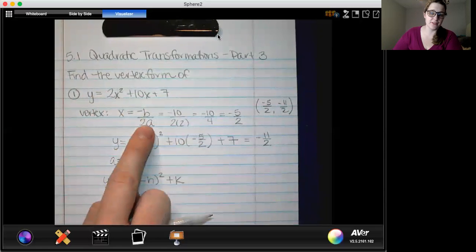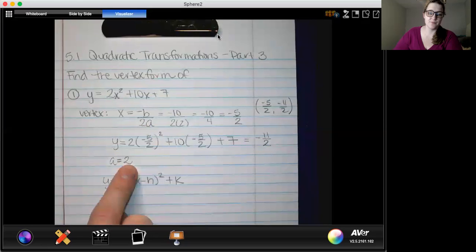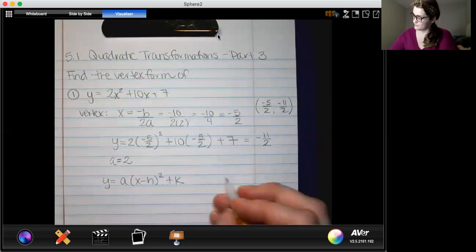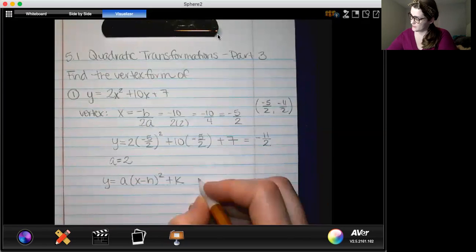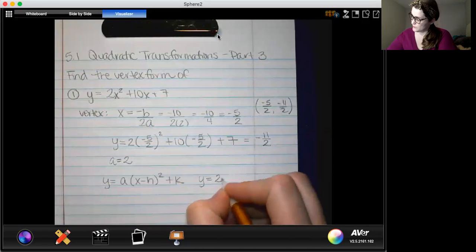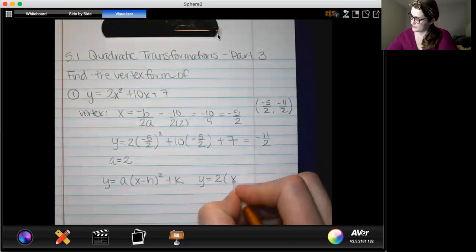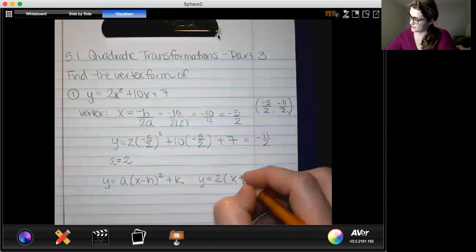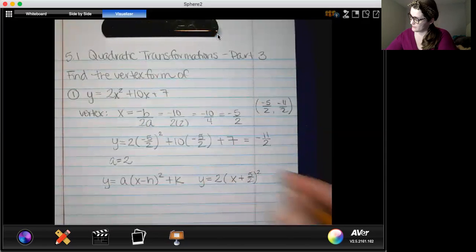Remember from how we found the vertex here, we just pull a straight from the equation, no calculation. So therefore, my final answer would be y equals 2 times x minus, now it'd be minus a negative, so plus 5/2 squared, and then minus 11/2.